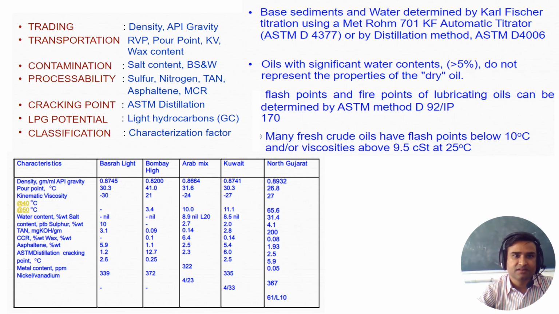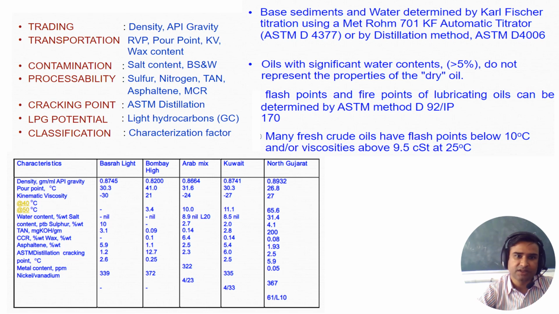Base sediment and water is determined by Karl Fischer titration using a Metrohm, that is an automatic titration method, before distillation. And oil with significant water content, if it has greater than 5%, does not represent the property of the dry oil.